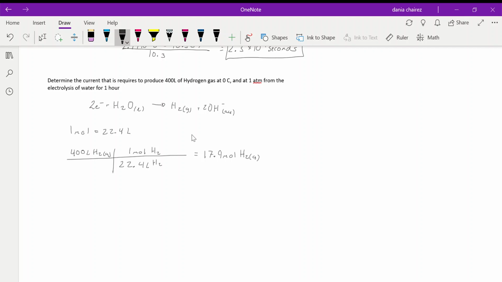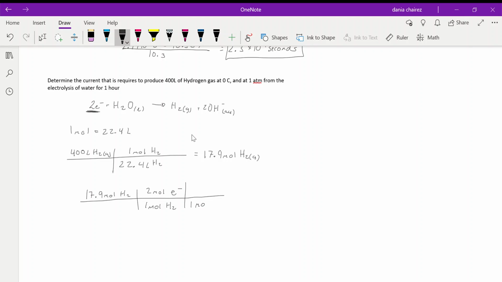So now we can start our long conversion to figure out what current we need. We have 17.9 moles of H2. And then per every 1 mole of H2, we have 2 moles of electron, as determined by this equation over here.